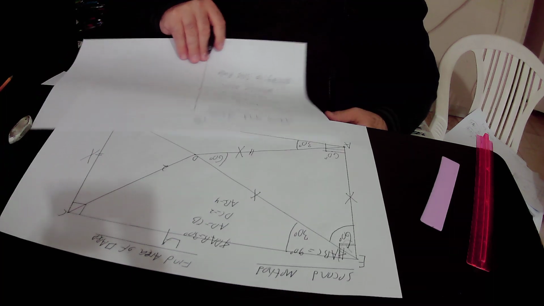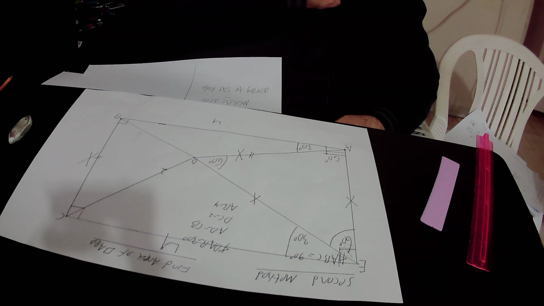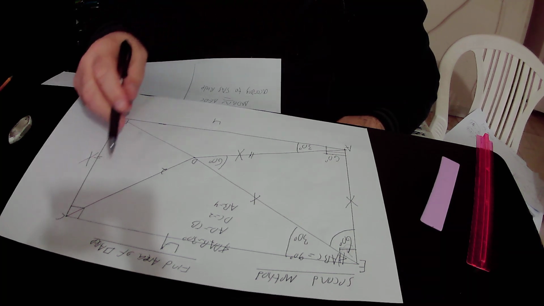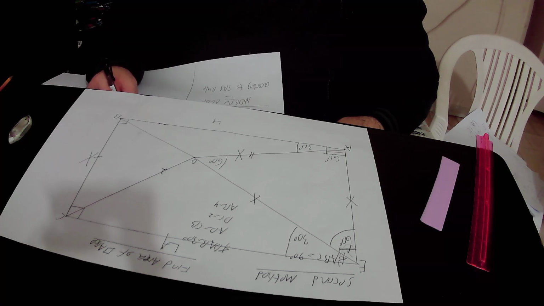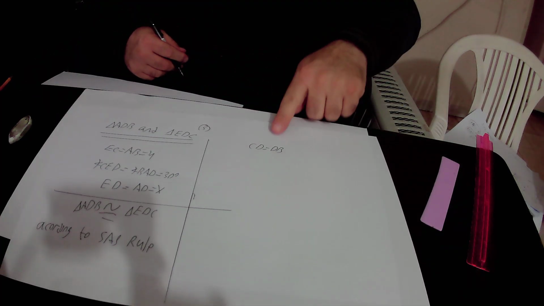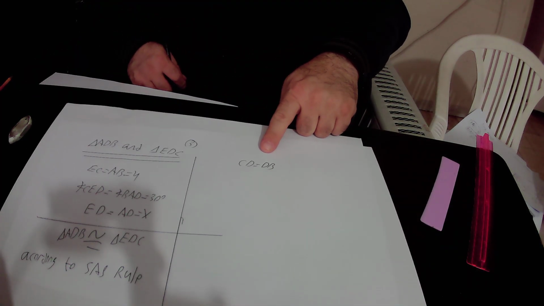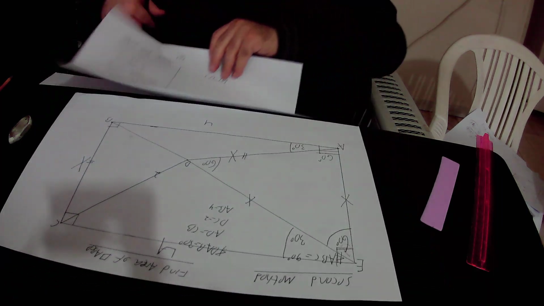From the fact that those two triangles can go into each other, we conclude that CD equals DB, according to the rule that corresponding sides in congruent triangles are equal to each other.